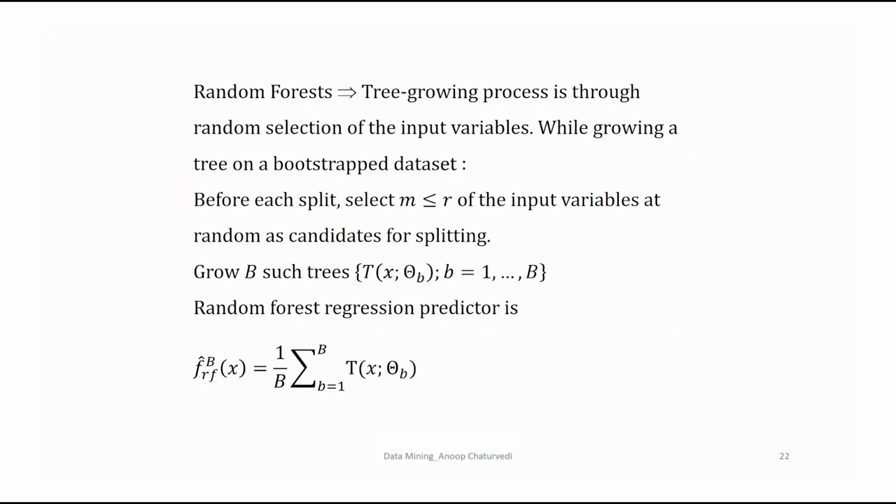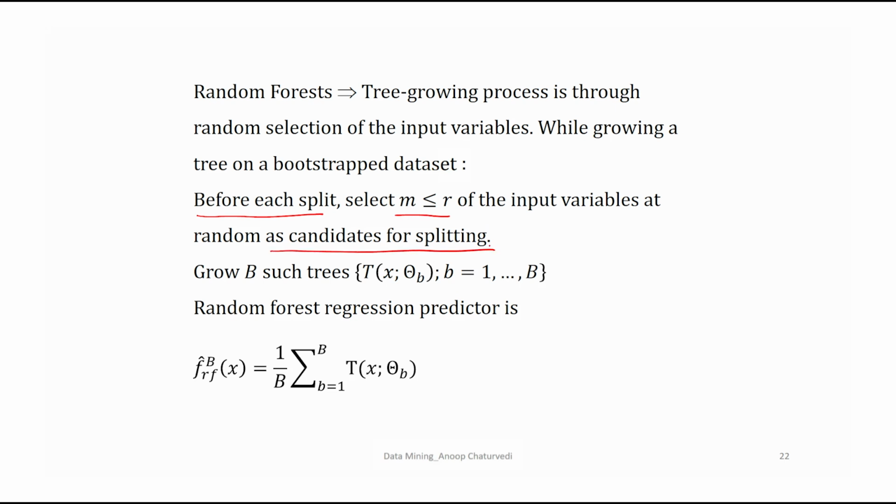In random forests, the tree growing process is through random selection of the input variables. While growing a tree on a bootstrap data set, before each split, we select m, which is less than or equal to R, where R is the total number of input variables. We select a subset of input variables at random as candidates for splitting.